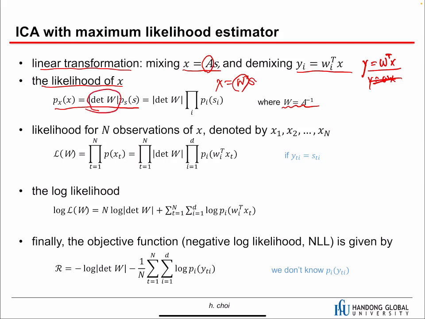Then we assume that the sources are independent, so instead of P of S, we have a product of P of Si.